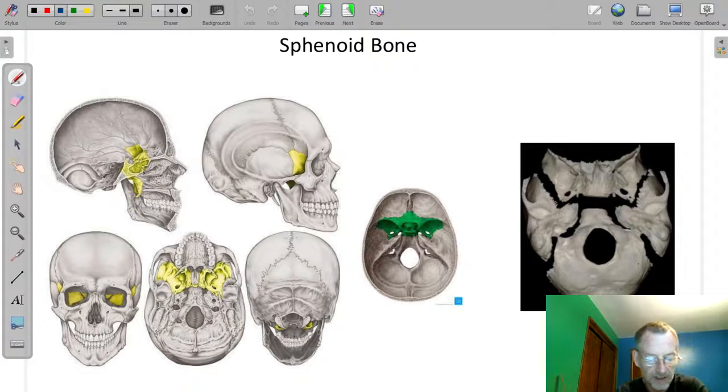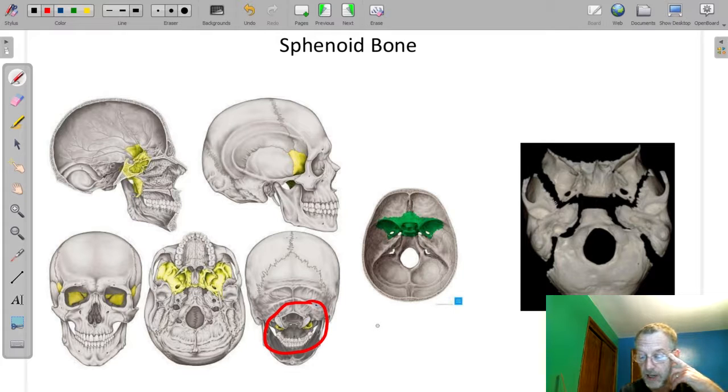Some of them are easier than others. This one is not particularly easy to figure out what you're looking at, but you're looking at the pterygoid processes. And this view shows in green a superior view of the cranial floor and sphenoid bone.